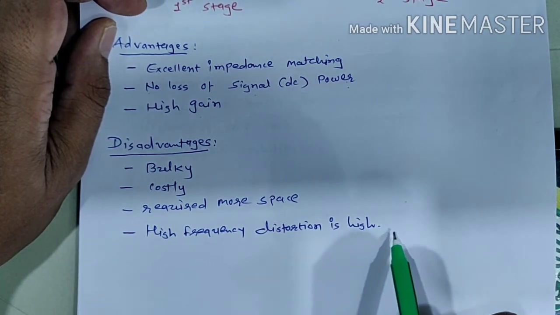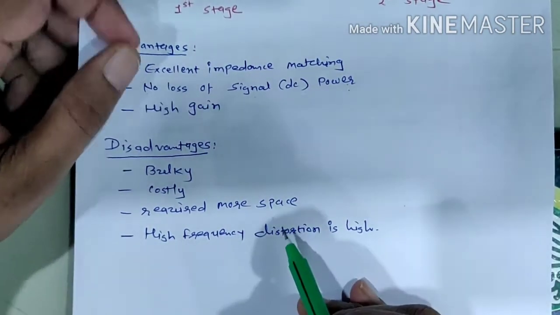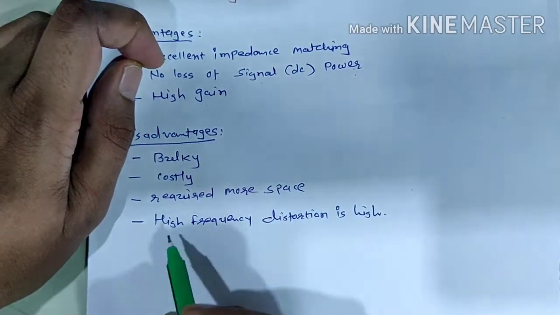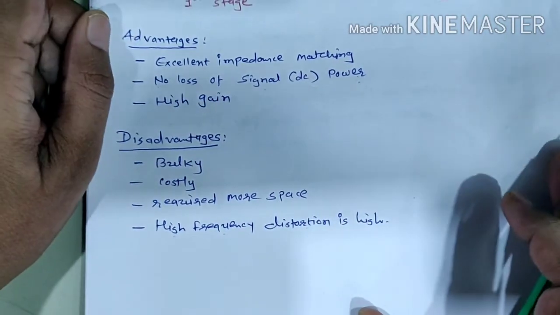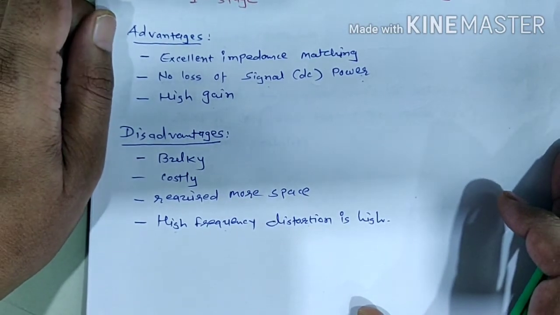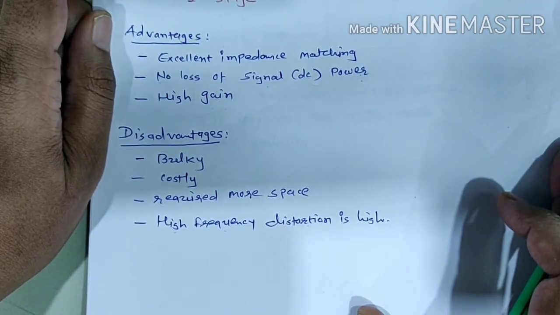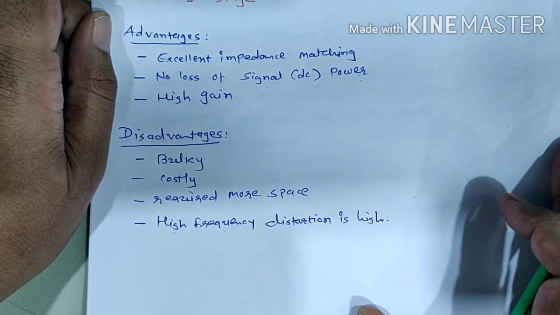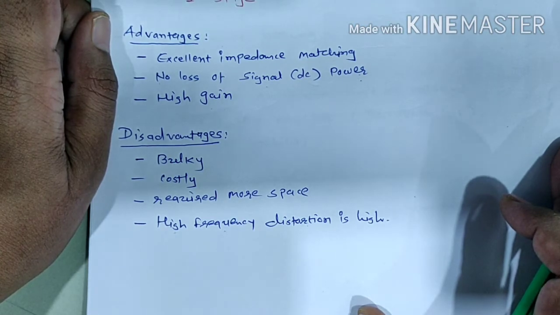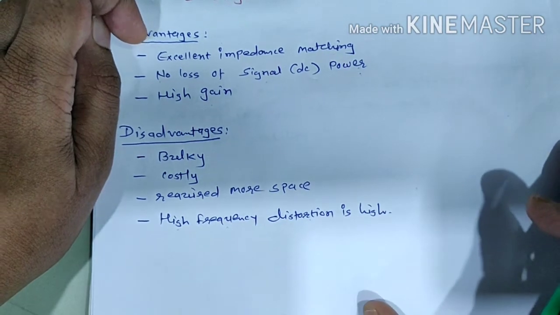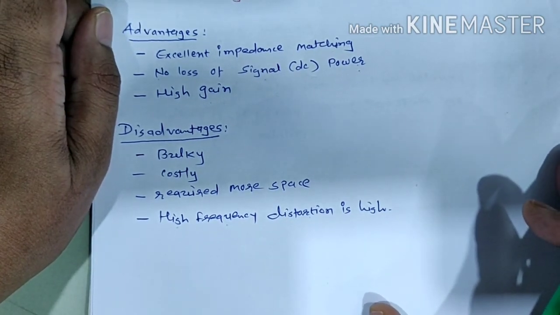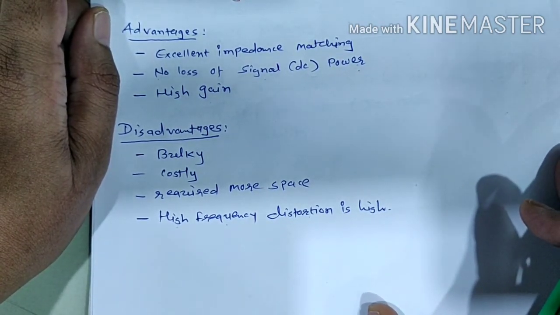high frequency operation. Okay, let us discuss this parameter, the high frequency distortion. The transformer will not work properly at high frequency. Okay, so it provides some core loss or eddy current loss in a transformer, so it will provide some type of distortion at higher frequency.